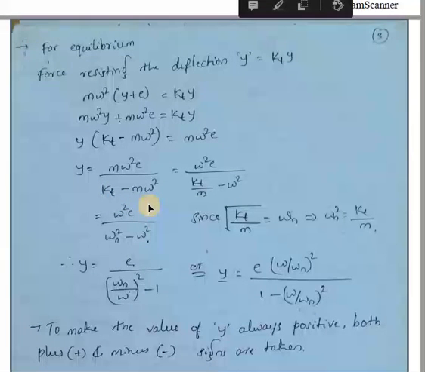Further, if I take m as a common term, we get omega square e divided by (Kt by m minus omega square), where Kt by m is nothing but the natural frequency omega n square. If you substitute that, you will get omega square e divided by (omega n square minus omega square).